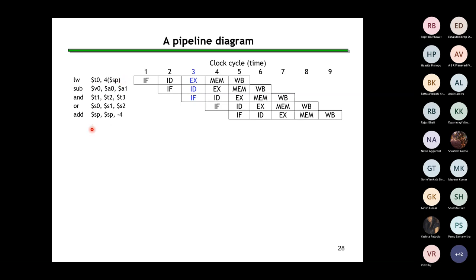Then for 5 of them, we would require 5 into 5, 25 cycles. Right? But here I finish everything in 9 clock cycles. So the average number of clock cycles per instruction, or CPI, reduces significantly.